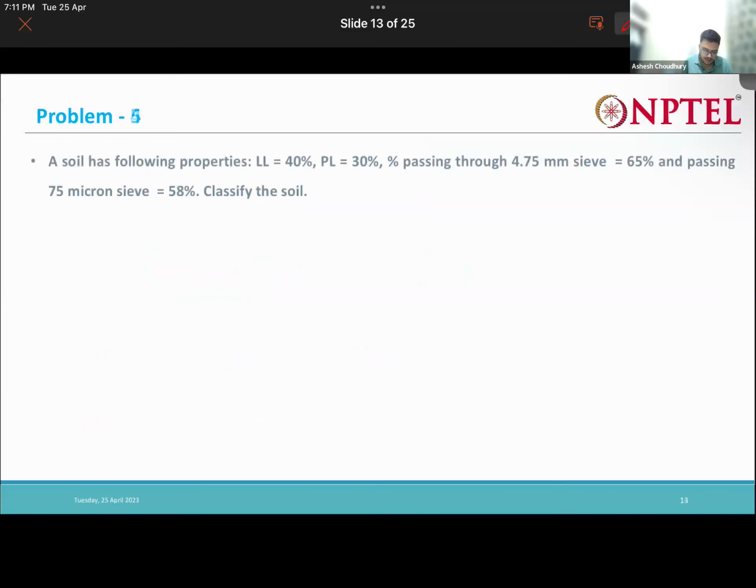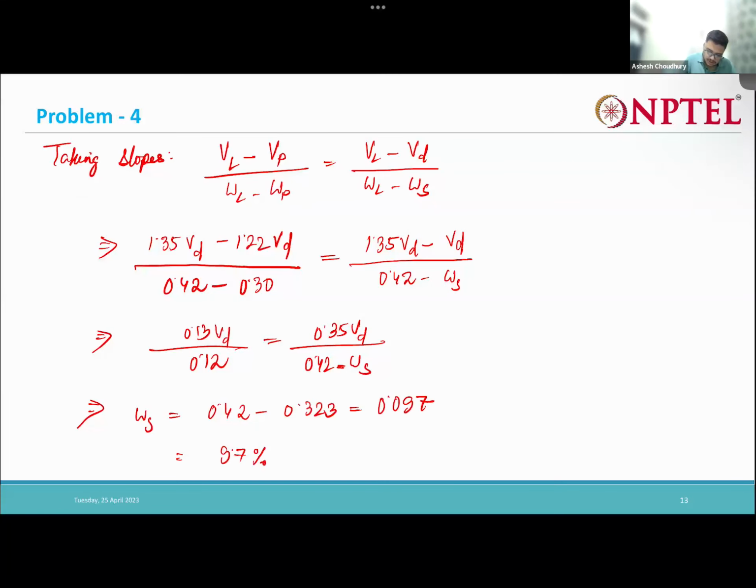Okay, this much is done. So we determined the shrinkage limit.